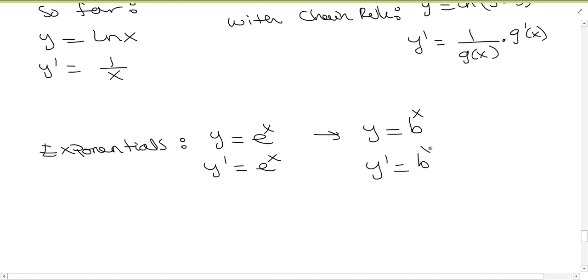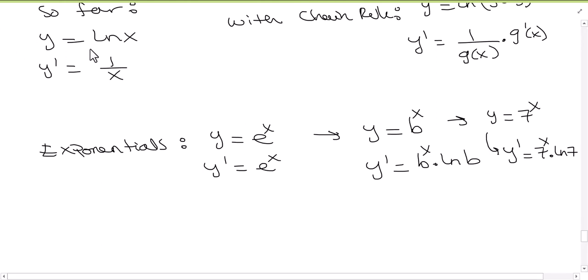This is b to the x times the natural log of b, right? So if I had y equals 7 to the x, what's the derivative? Y prime is 7 to the x times ln of 7. And then if you have chain rules in here, like b to the f of x, 7 to the f of x, then the chain rule applies. So this is what we did with exponentials.